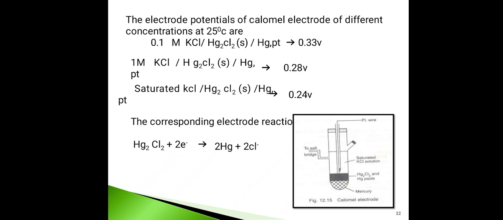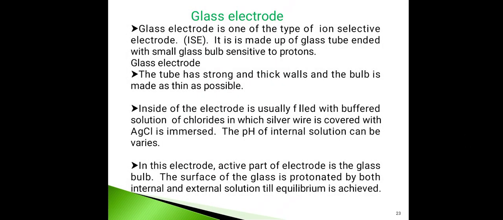We can differentiate them. Now the chemical reaction involved in this so-called calomel electrode is Hg2Cl2, that is mercurous chloride, gains 2 electrons and gets converted into 2Hg plus 2Cl minus.